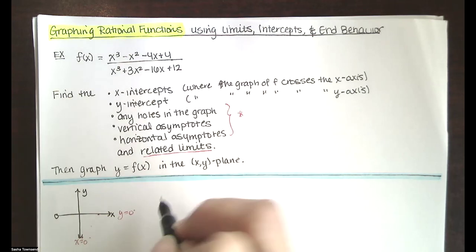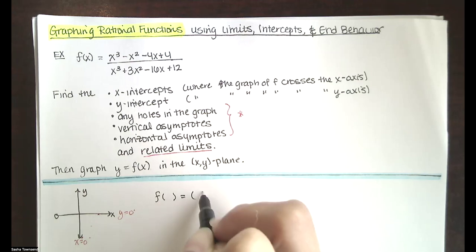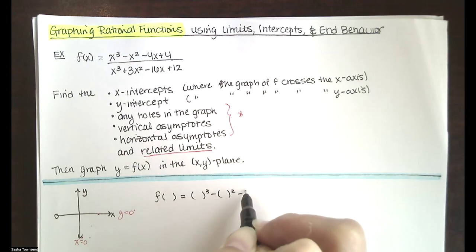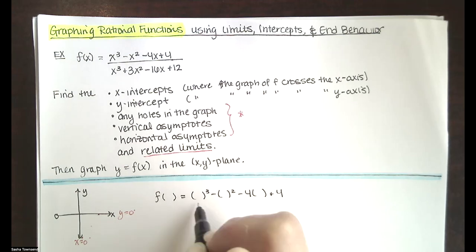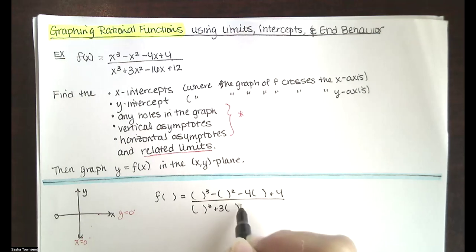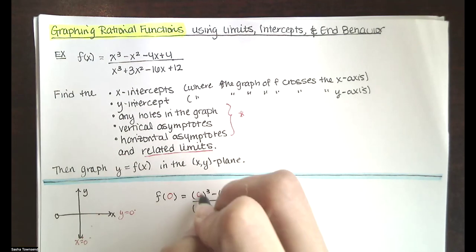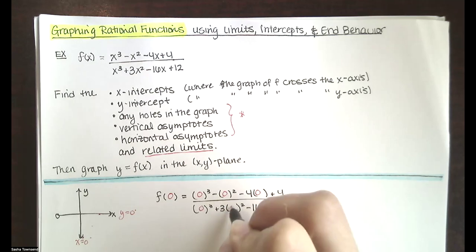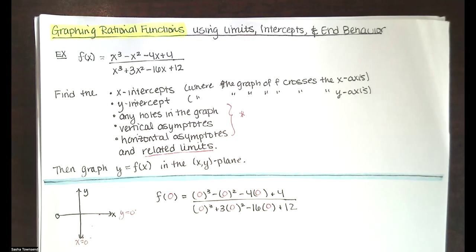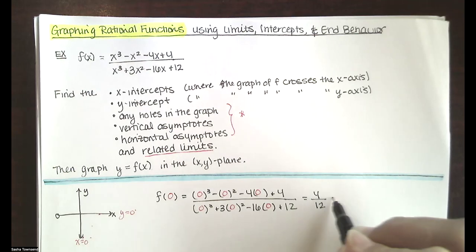So I'll evaluate this at x equals 0. I'm just going to replace all of my x's with zeros. You can see that we just get a sum of a bunch of zeros and a 4 in the numerator, and then a sum of a bunch of zeros and a 12 in the denominator.